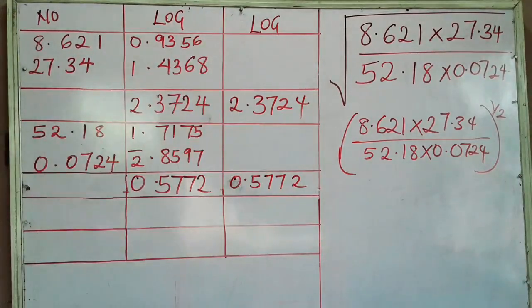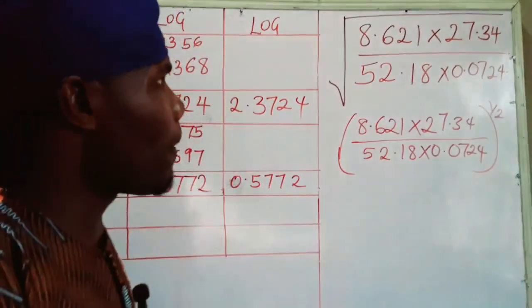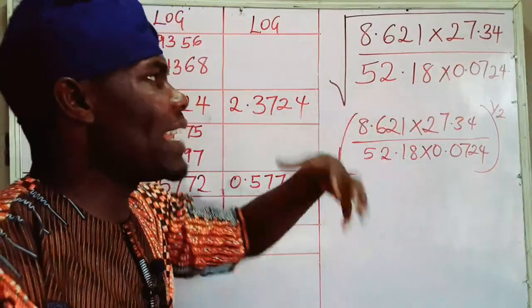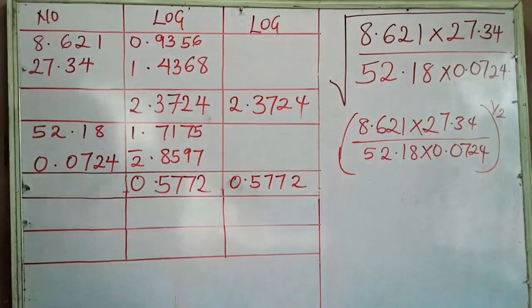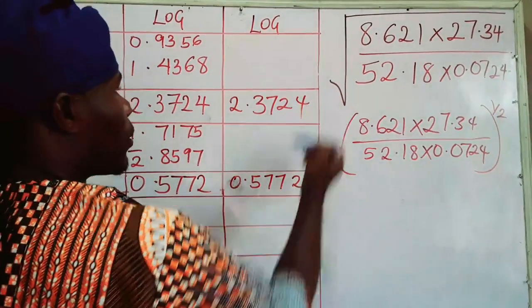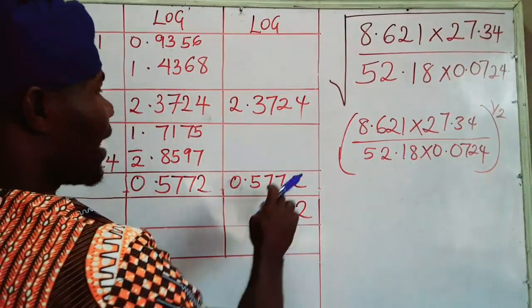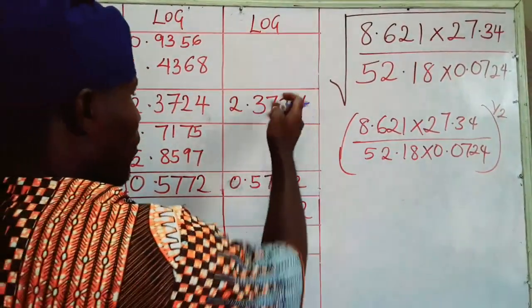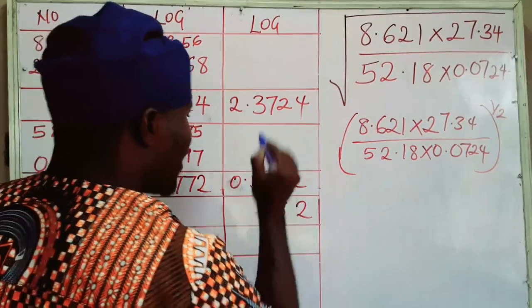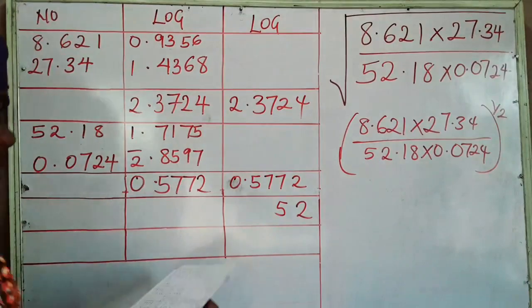So why do we now have this third logarithm row here? It is because this is the numerator and this is the denominator. The numerator and the denominator form a fraction. In logarithm, you are going to subtract them. So let's subtract. Now we have 4 minus 2, we have 2. By the time you subtract 7 from 2, it's not possible, so we borrow 1 from here. We have 12, which is equal to 5. It remains 6 here. By the time we borrow 1 to 6, it gives us 16.